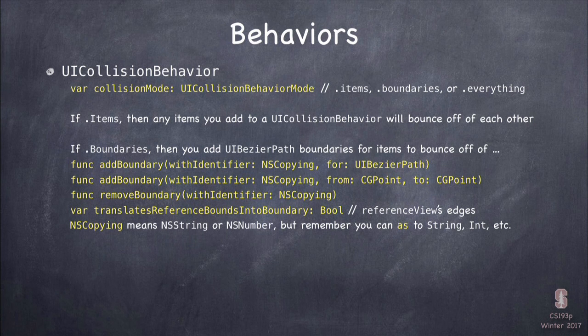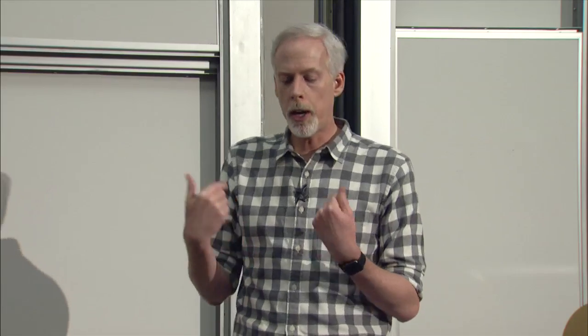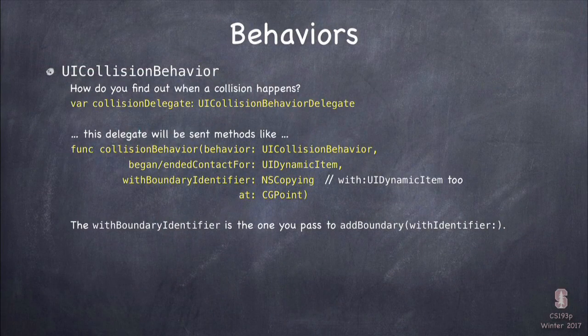Now, why do you need that identifier? Because when a collision happens with a boundary, the collision behavior has a delegate, and it'll tell you. So if you set yourself as the collision behavior's delegate, then if you have any boundaries set in there, or if two items are colliding with each other, you're going to get this sent to you. This is a collision delegate method: collisionBehavior began or ended contact for some UIDynamicItem, a UIView that's bouncing around in there, with the boundary identifier NSCopying.